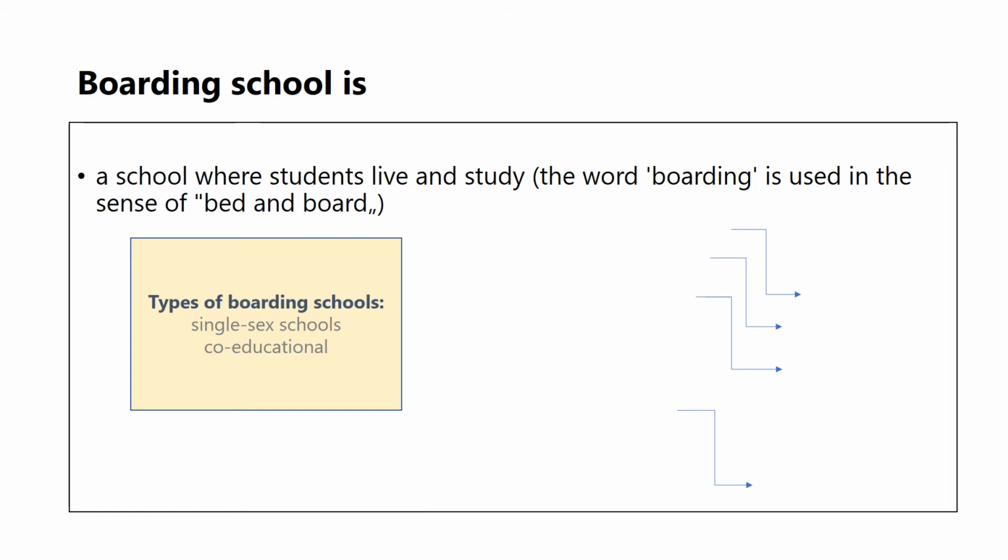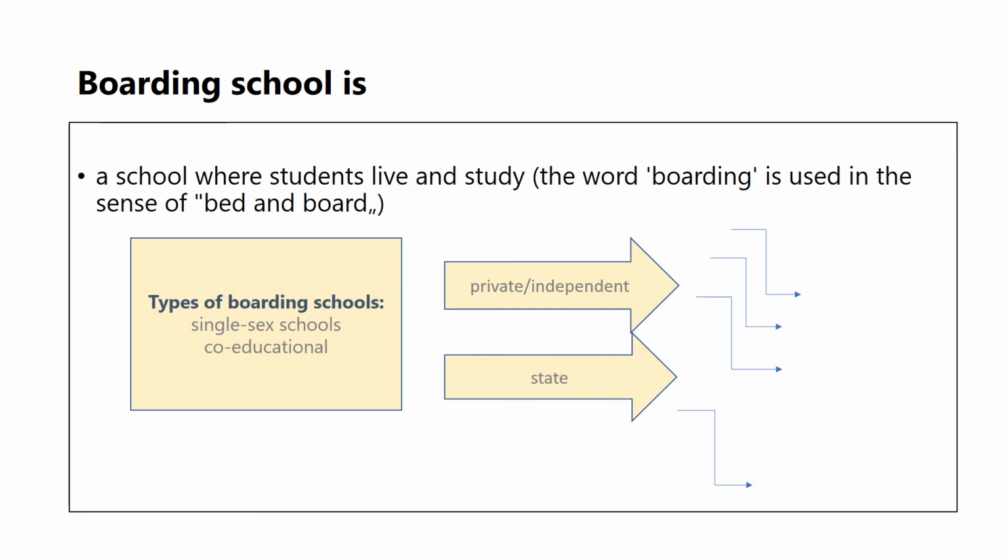Nowadays, boarding schools offer more flexible arrangements than traditional boarding schools did in the past. There are private or independent and state schools. Private or independent schools charge school fees.